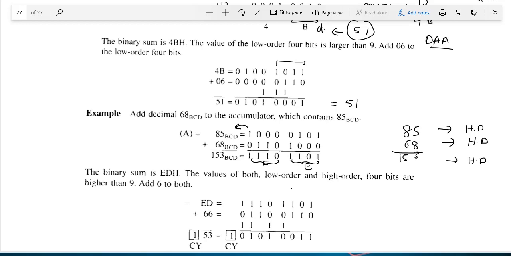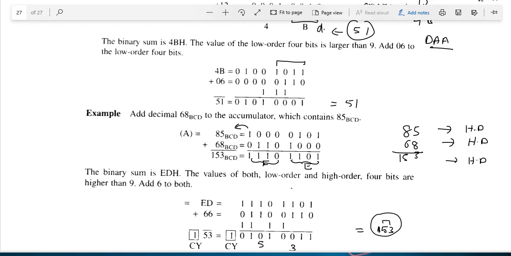So here we will add 6 to both digits, means 0110 0110. After this we will get the result 5 and 3, and carry flag equal to 1. So overall the result that we get will be 153, with 53 in the accumulator and 1 in the carry flag.